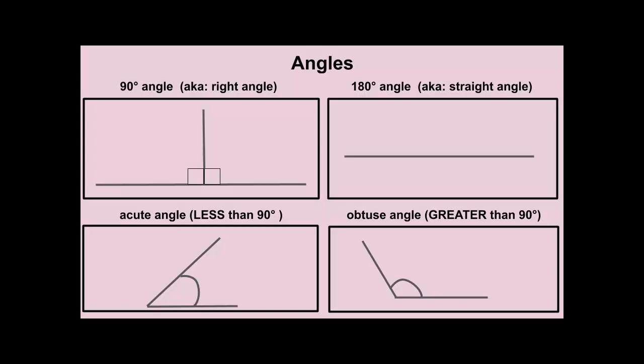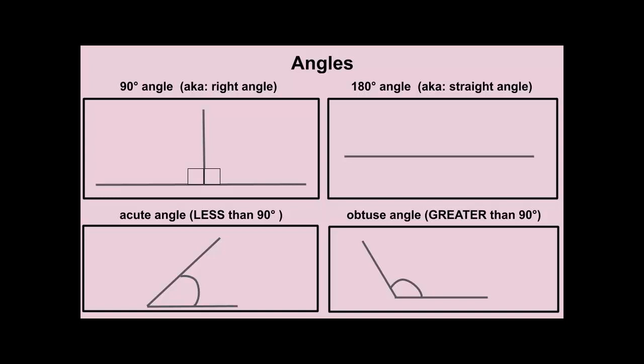The final angle that we'll study today is in the lower right-hand box. It's called an obtuse angle. It's an angle that is greater than 90 degrees. So if you have 2 line segments and it forms together at a vertex that the angle is 91 degrees, that is an obtuse angle.